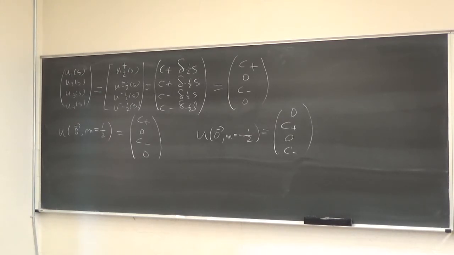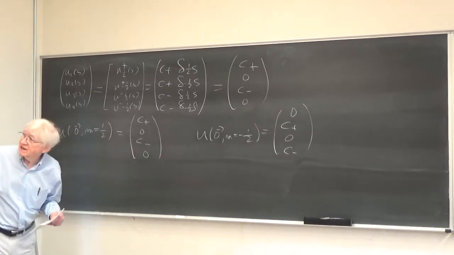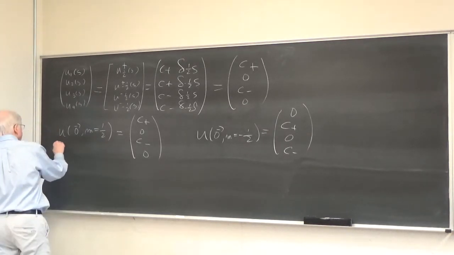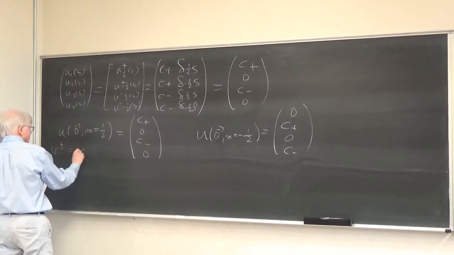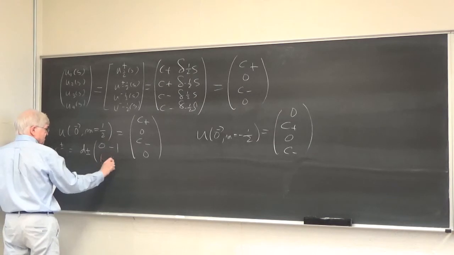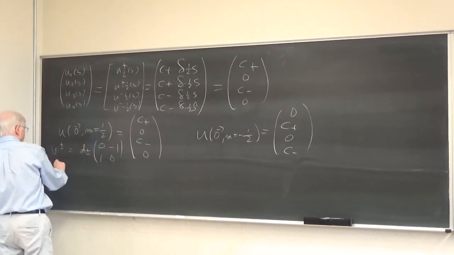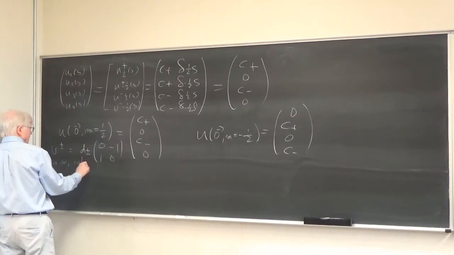The row index is M, so row M, column S. Now if we keep that picture in mind, namely that D plus or minus is D plus or minus times 0, minus 1, 1, 0, where it's row M, column S.